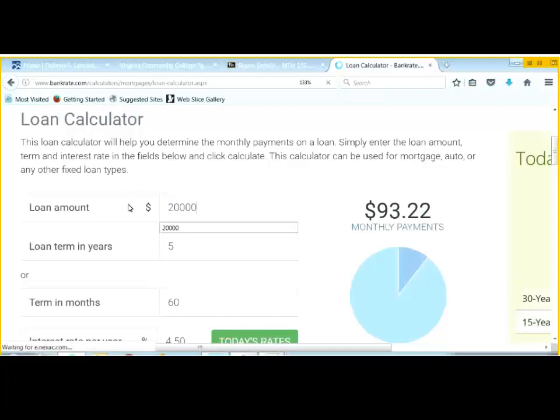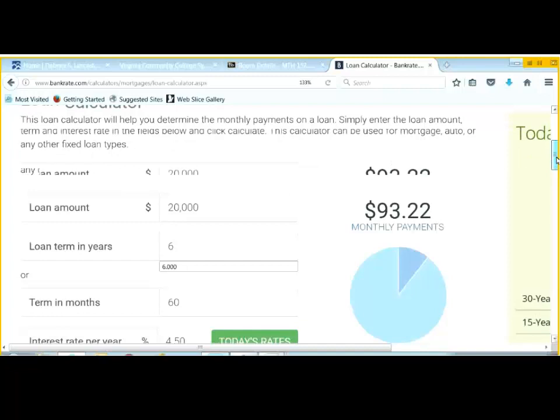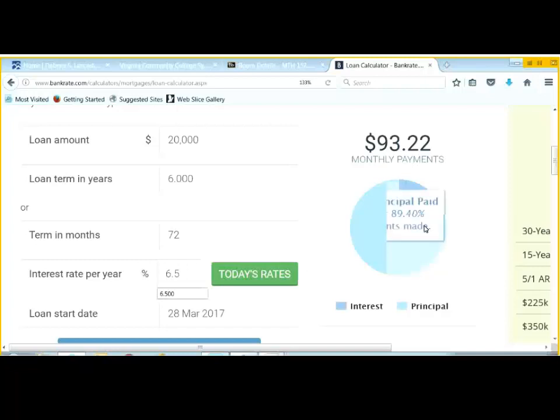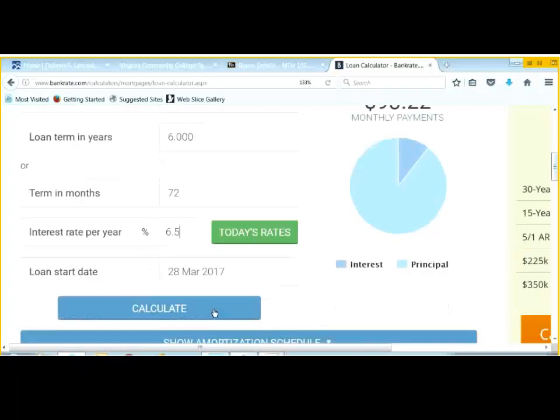So I'm going to say I want to borrow $20,000 for my car. I'm not a spendthrift, and it's how long the loan's going to be. You can either do it in months or years. 5 years is 60 months. So I'm going to say 6 years. And the final piece of information is your interest rate. So I'm going to say 6.5%, and then you say calculate.